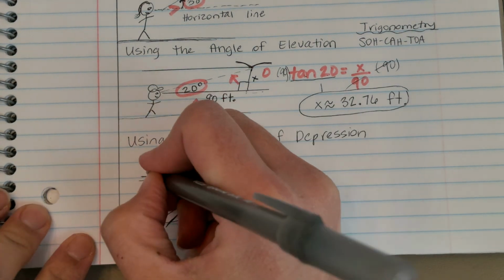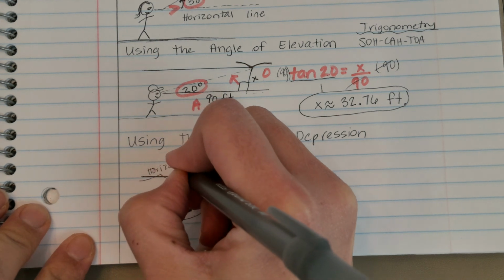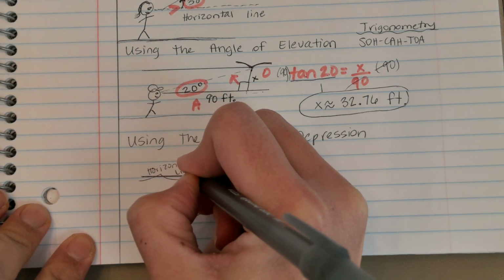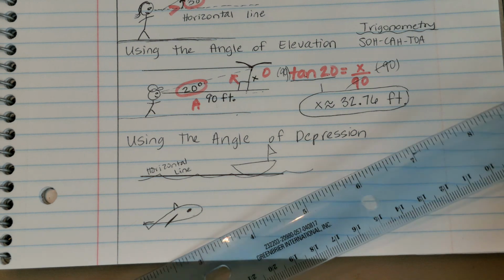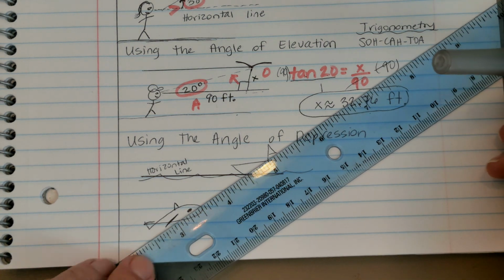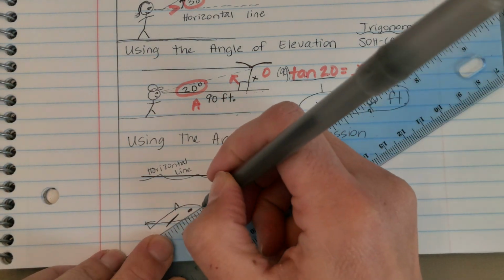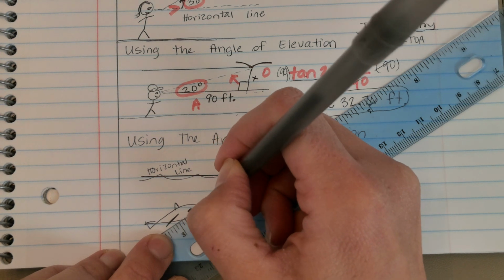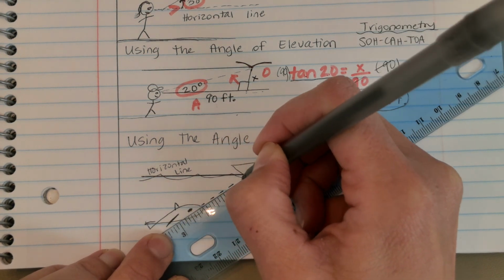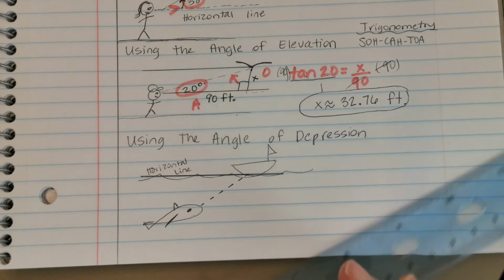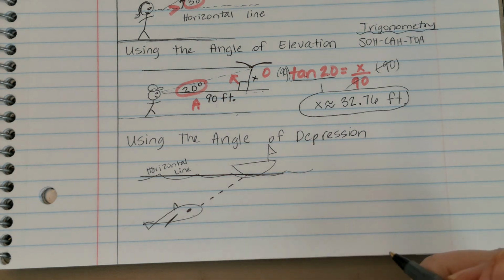Then we have the angle of depression from the boat to the fish, or shark, whale, dolphin, whatever you want it to be. So this is an angle of depression.